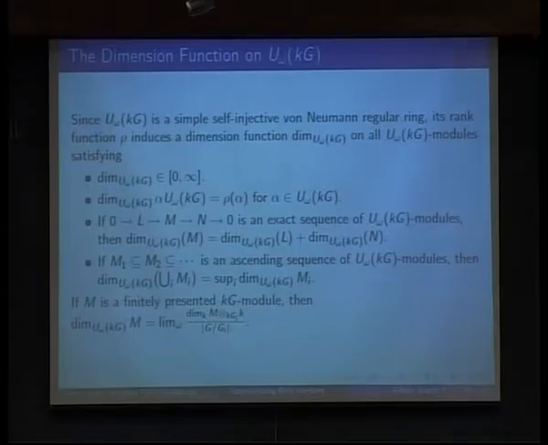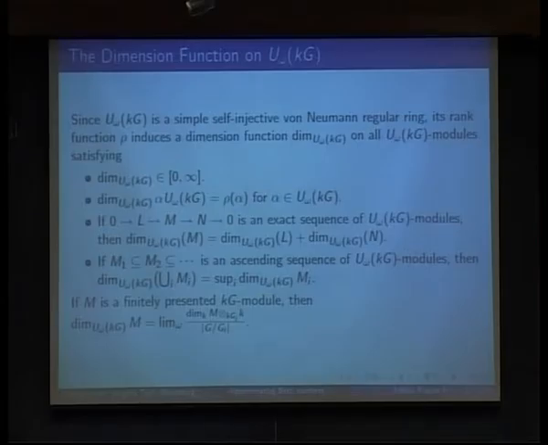Now, since U_omega(KG) is a simple self-injective von Neumann regular ring, its rank function induces a dimension function on all U_omega(KG) modules, which is called U-dim. And you'll have the following properties: it will always be a non-negative integer or infinity. The dimension of alpha times U_omega(KG) will just be rho of alpha.